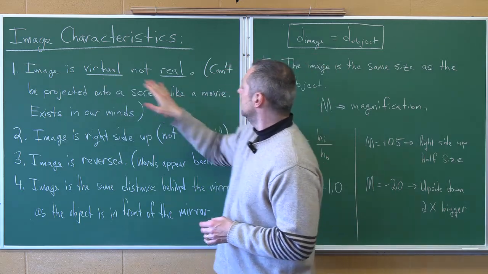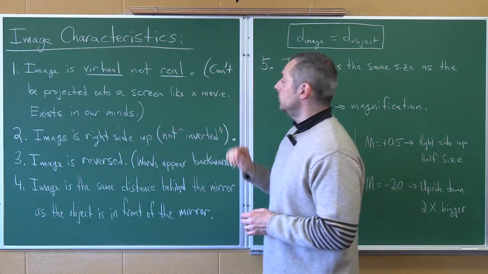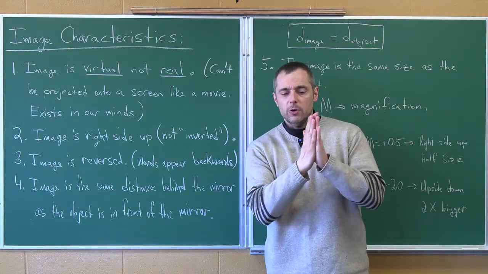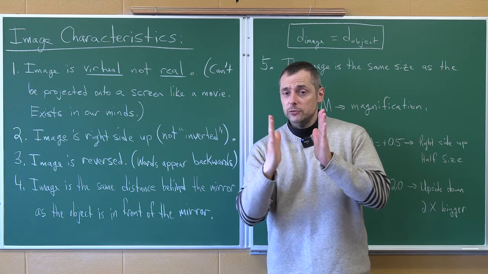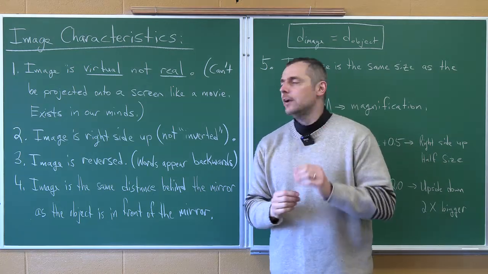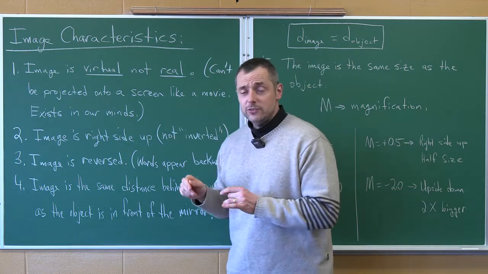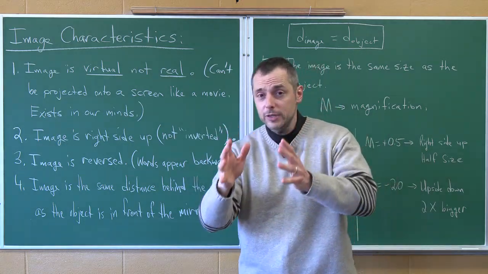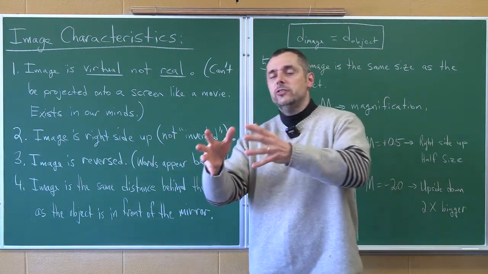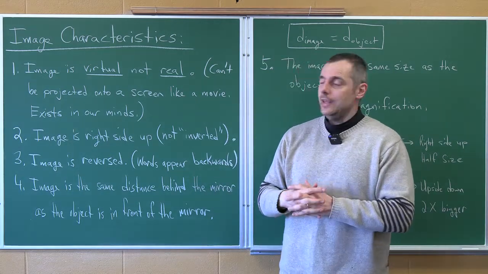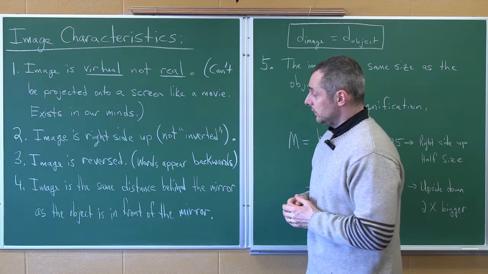A virtual image can't be projected onto a screen like a movie or even a camera. When you take a photo, the image is projected onto the sensors in there. So those are both real images. This is not. It only exists in our minds. When we look at the mirror, inside the mirror behind it, our mind creates that image from the perceptions of the way we receive the rays.